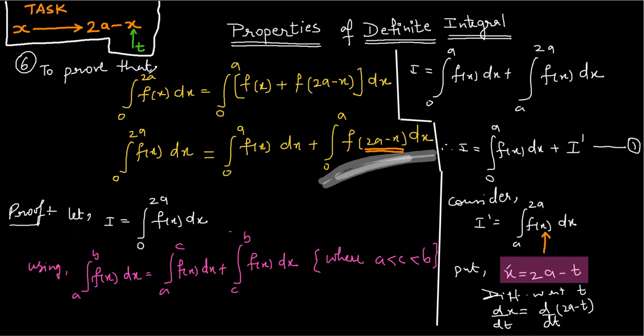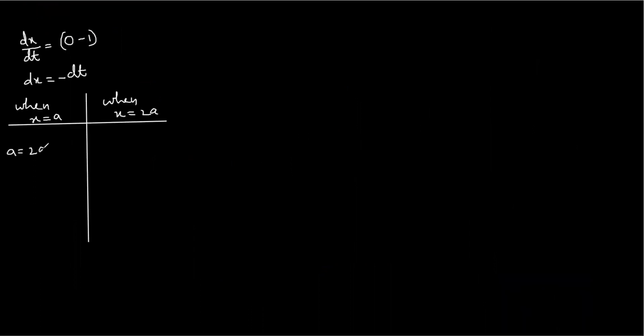In order to get the new limits, you will have to use this substitution. When x is a, you write a equals 2a minus t, so t equals 2a minus a, so t equals a.